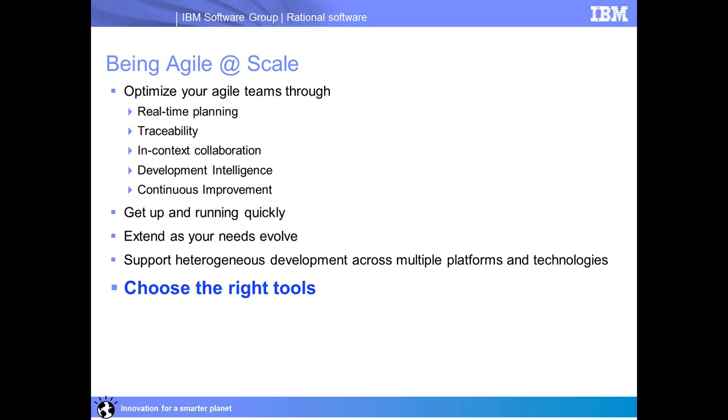So for all this, you need to choose the right tool that would help you do maybe heterogeneous development. For example, in my development team, we have J2EE developers, we have Java developers, we have web developers, we have C# developers, we have a whole bunch of developers. We have developers working on Z, on Windows, on Linux, on different platforms, different methodologies, different languages and different machines and so on.